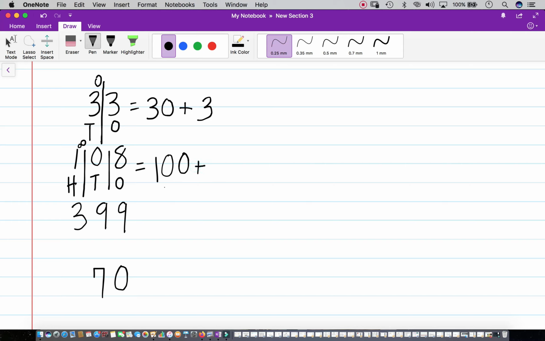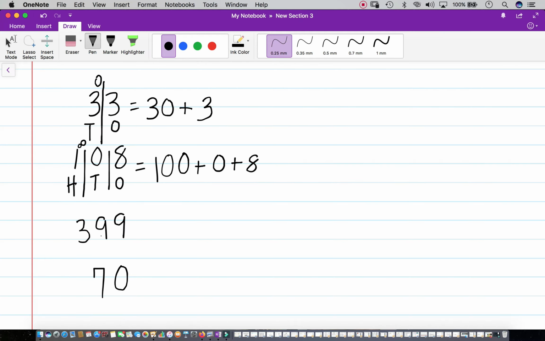Plus, now how many tens do we have? Good, we have 0 tens. So we can put 0. Plus, we have 8 ones. So that would give us 8. Great job.